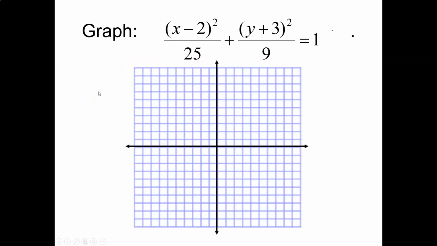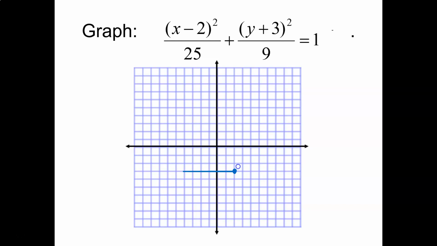So graphing these is pretty straightforward as long as they're already in standard form, like you had for the circles the other day. So the center of this is going to be just like the circles. It would be at (2, -3). So we would go to (2, -3), and we would graph our center.